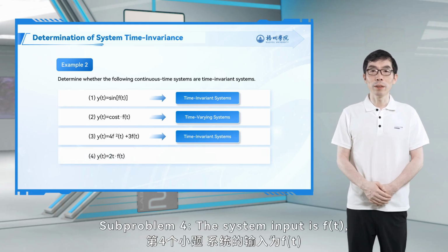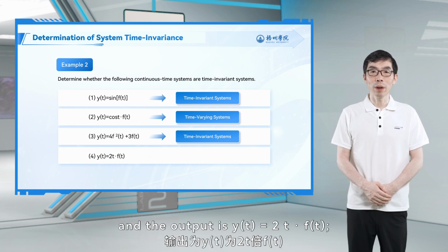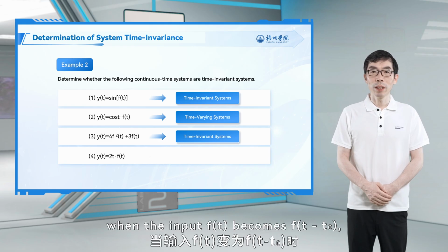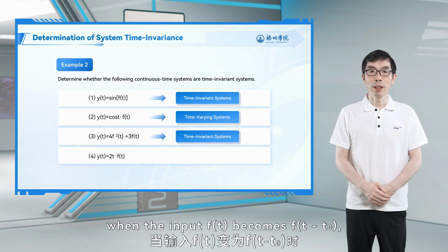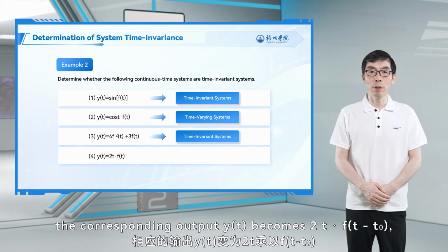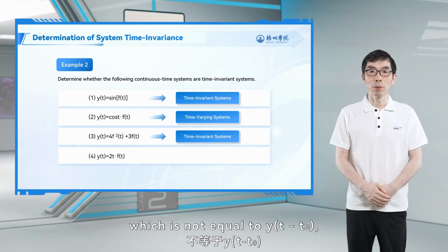Subproblem 4. The system input is f of t, and the output y of t is 2t times f of t. When the input f of t becomes f of t minus t0, the corresponding output y of t becomes 2t times f of t minus t0, which is not equal to y of t minus t0.